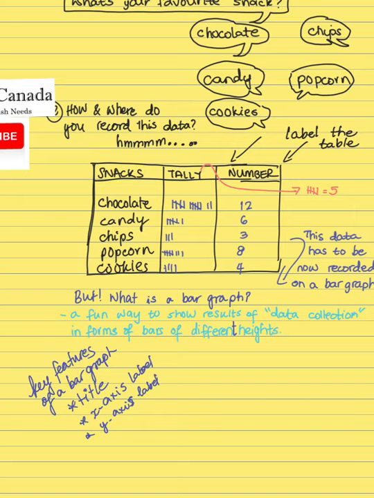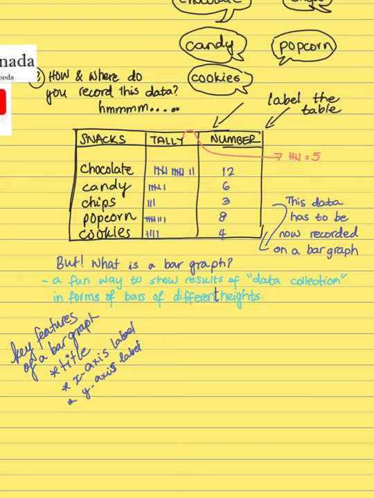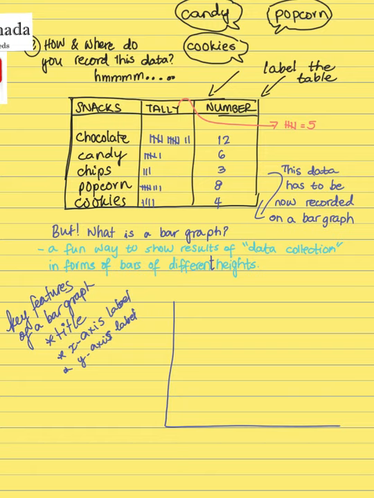All right. Now, what you need to remember when drawing a bar graph, I'll stick to bar graph for now. When drawing a bar graph, there are three very important features. Your bar graph has to have a title. If you don't have a title, people won't know what they're looking at. Your y-axis, which is the vertical line going from top to bottom, usually has numbers. So let's say the number of students, right?